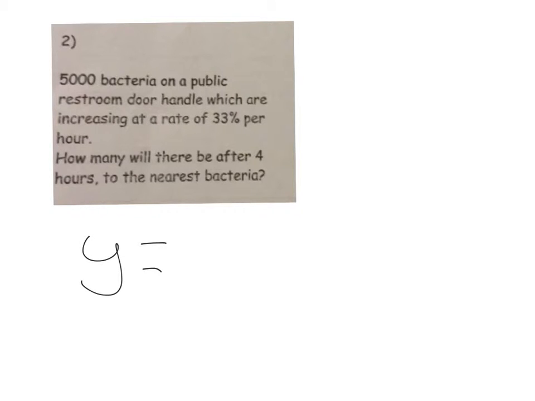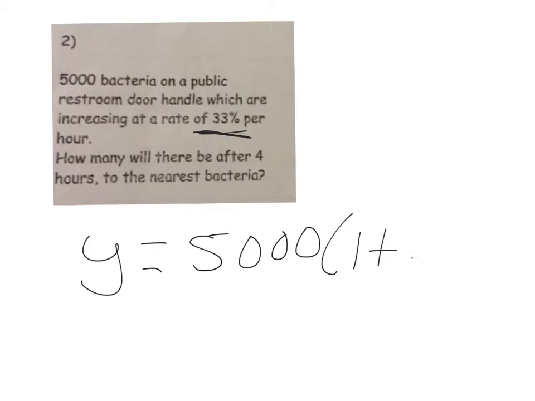So we've got y equals, that's our final value. Our initial value is 5,000 bacteria. And then it's increasing, so times 1 plus 33% would be 0.33. And we raise it to the 4th power because there's 4 intervals going by.